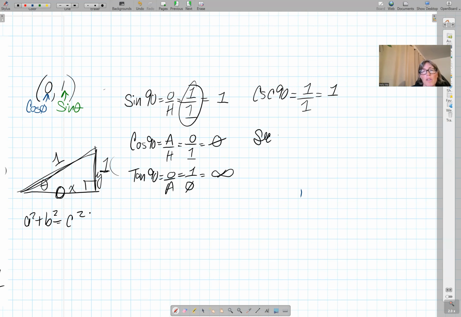And you have secant of 90. You flip that, that's going to be 1 over 0, and you're going to get infinity. And cotangent of 90, you flip this, 0 over 1, and you get 0. So these are all the coordinates at 90 degrees.